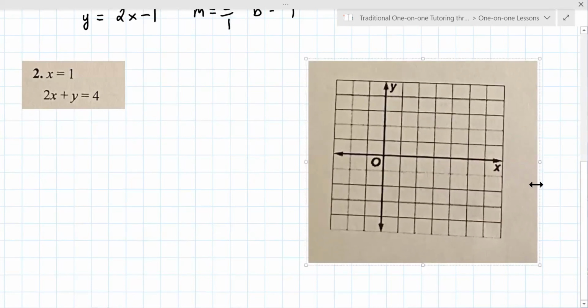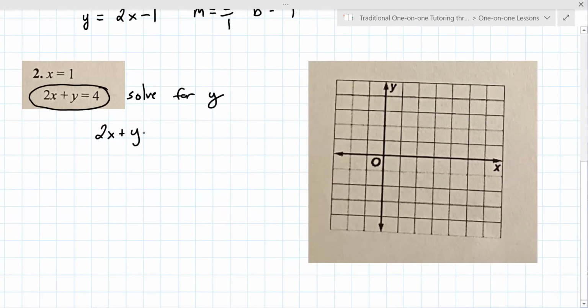So when you look at the second equation right here, we need to solve for y. So to do that, you have to move the 2x to the other side of the equation. You subtract 2x from both sides of the equation.